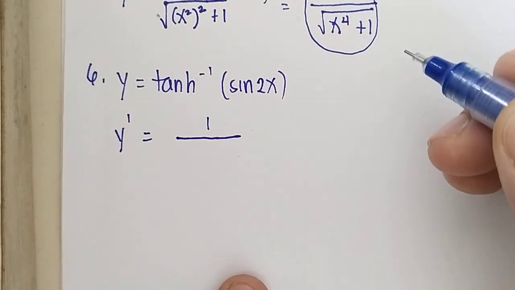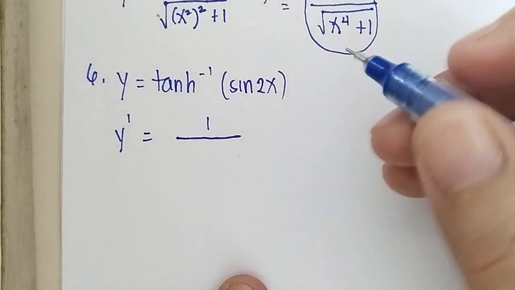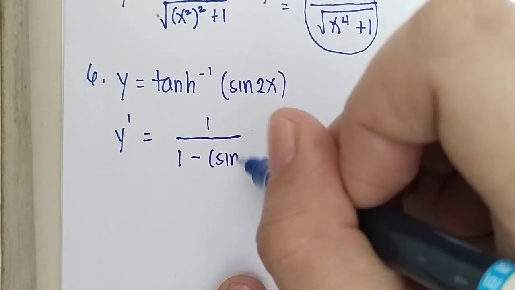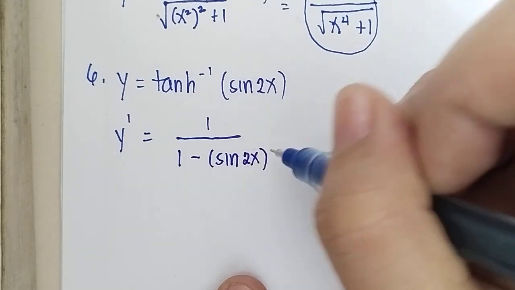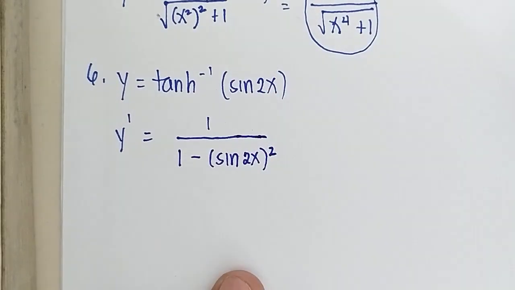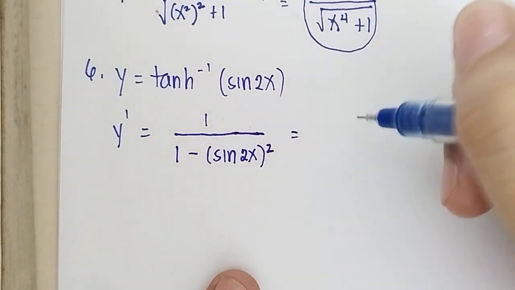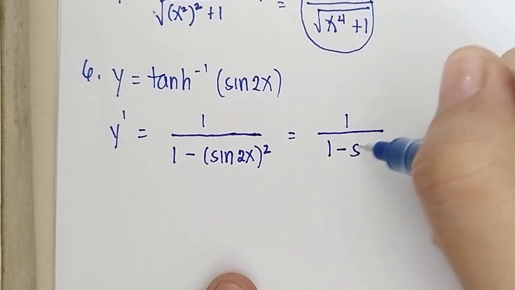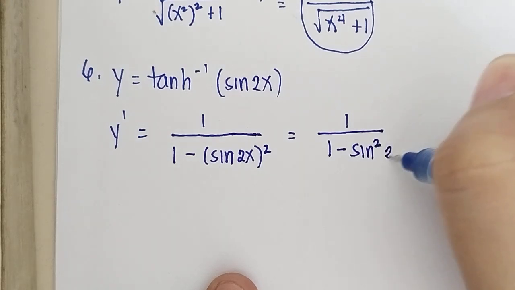That will be 1 all over 1 minus u squared. Our u is sine 2x, so that will be sine 2x squared. So, this is similar to 1 all over 1 minus sine squared of 2x.